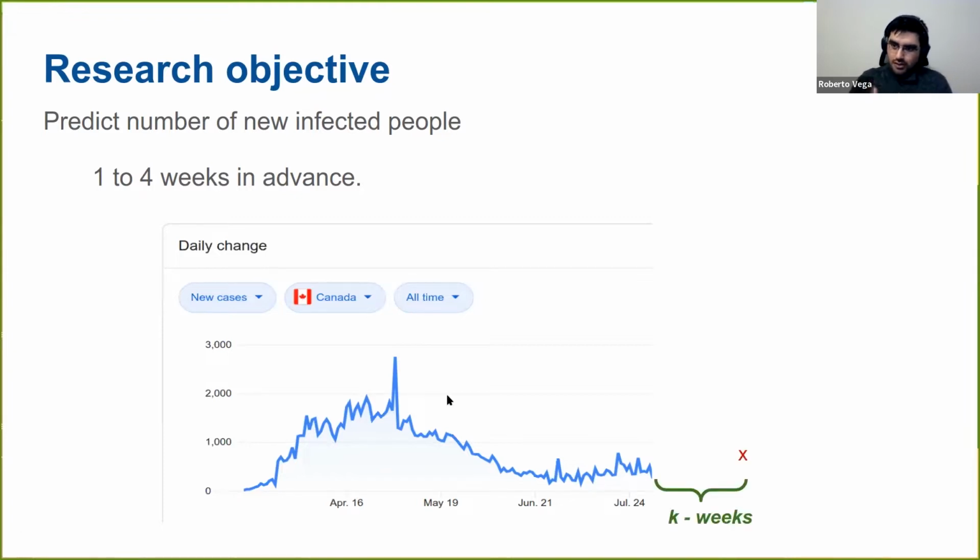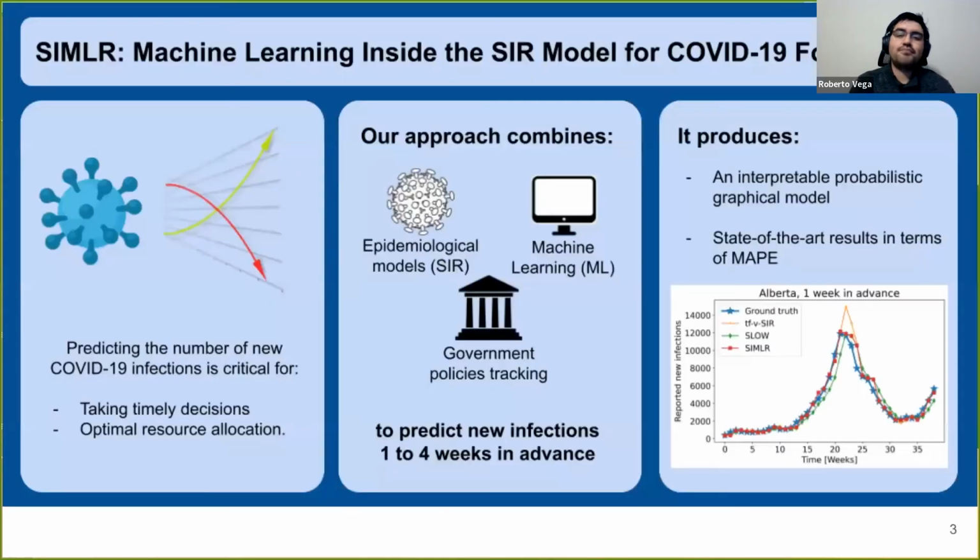And then we want to estimate how many people will be infected K weeks from now. And this K can be 1, 2, 3, or 4 weeks. After we make the prediction, we can check what actually happened, and evaluate if we did a good job or not. The idea is to be as accurate as possible.